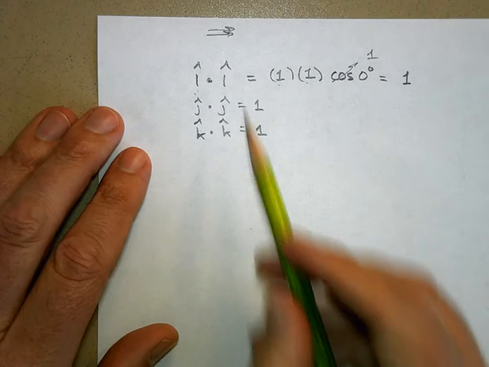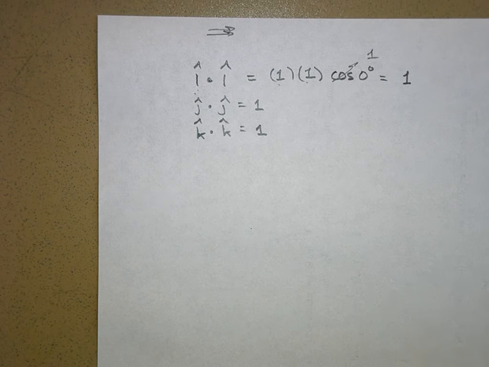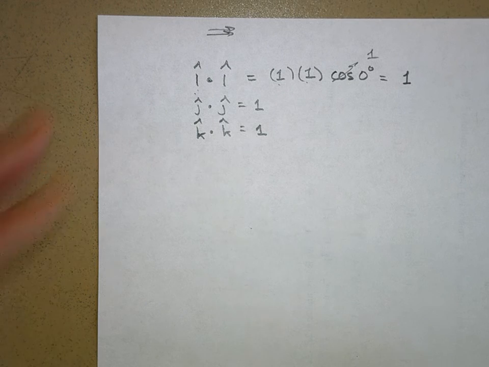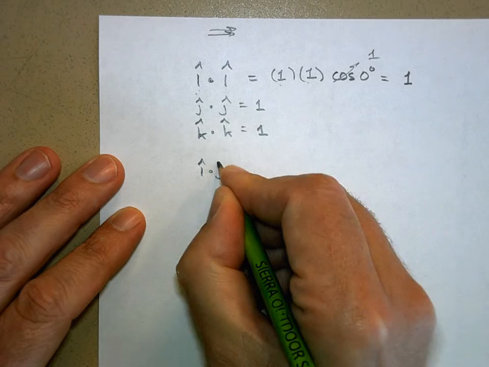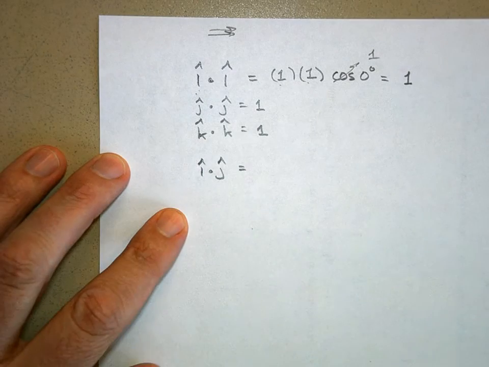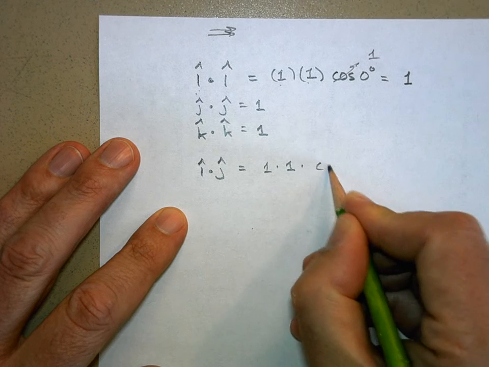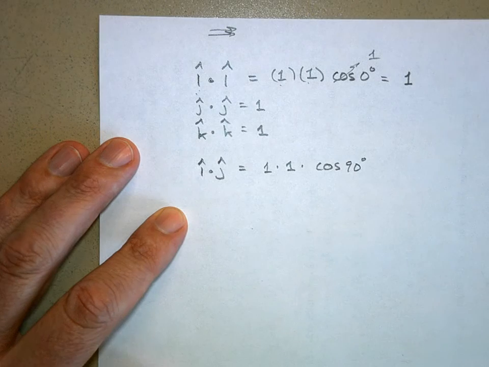And this works for fixed unit vectors. Remember, with r hat and theta hat, since they're moving around, you have to be careful. But we don't really have to ever deal with that in here. Okay, now, what about i dot j? Well, it's 1 times the cosine of 90 degrees.